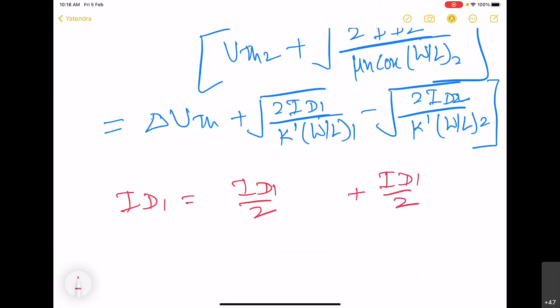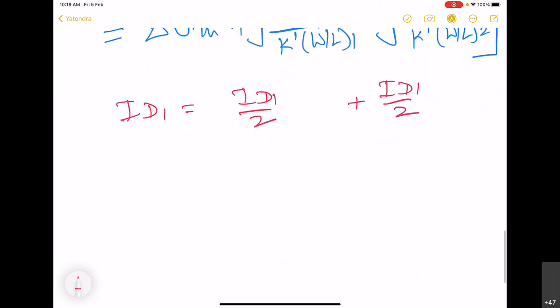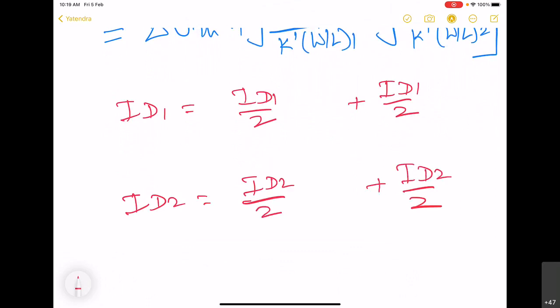That is understandable and trivial. Similarly, ID2 also as ID2 by 2 plus ID2 by 2. So we want these currents as function of their average value and the difference values.